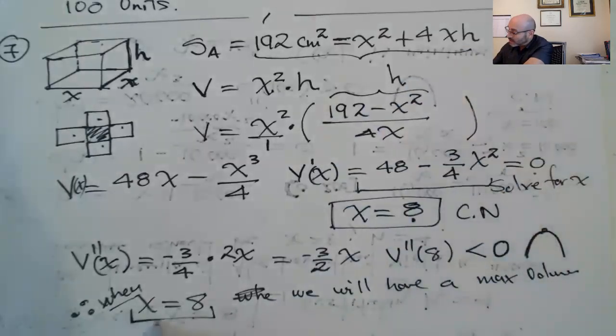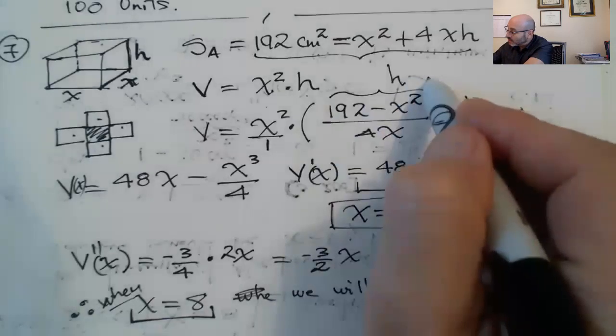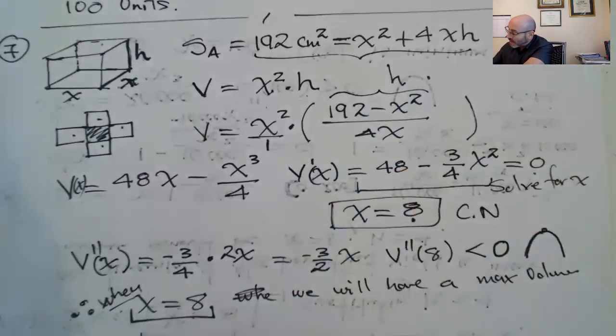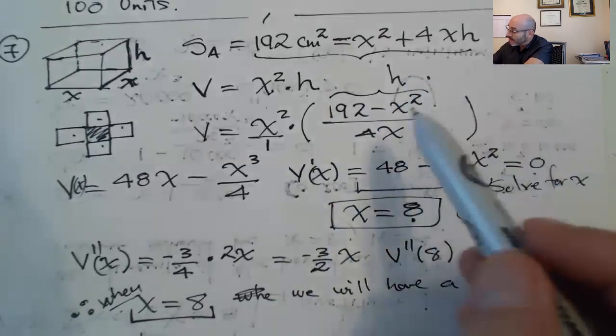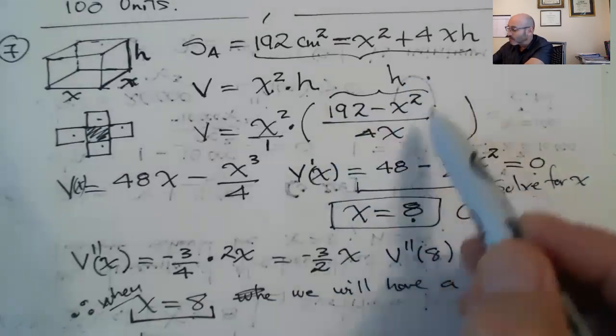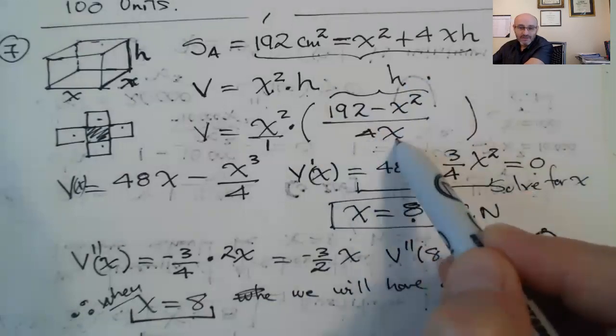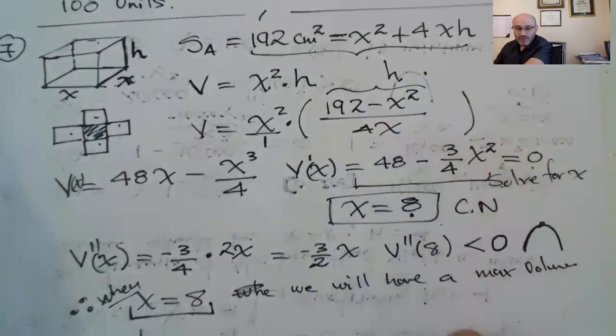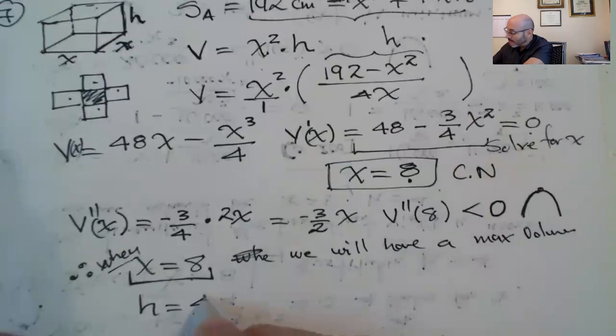If you do the math correctly, which is 8 squared, 64, 192 minus 64 divided by 4 times 4 divided by 16, you should get that h is equal to 4.